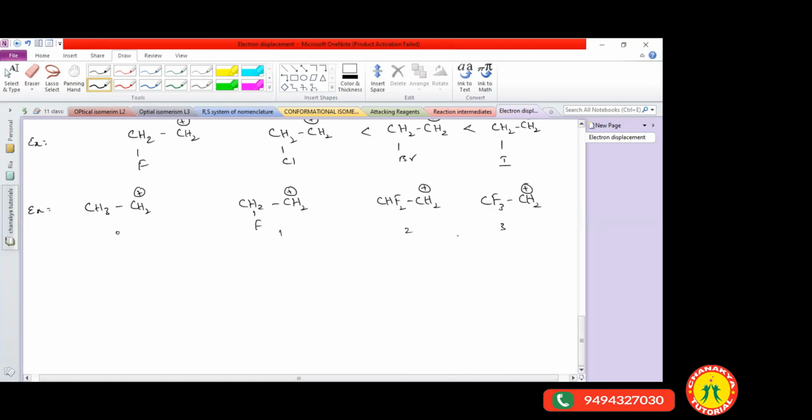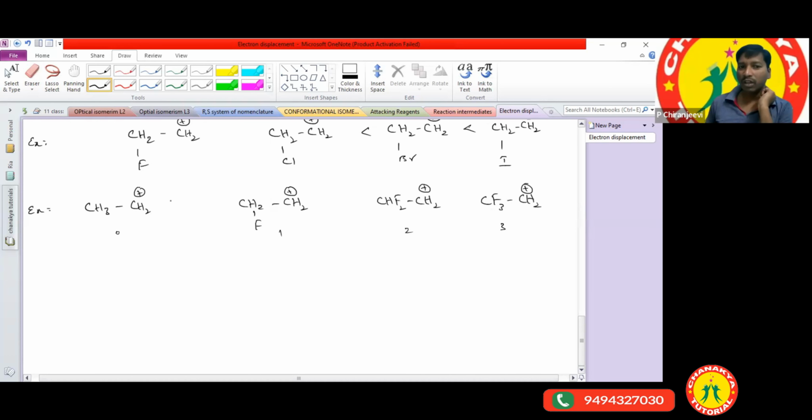CH3 CH2 plus is the more stable. The stability order decreases because stability is inversely proportional to the number of electron withdrawing groups. So now all of you have clarity on how to explain the stability of carbocations.